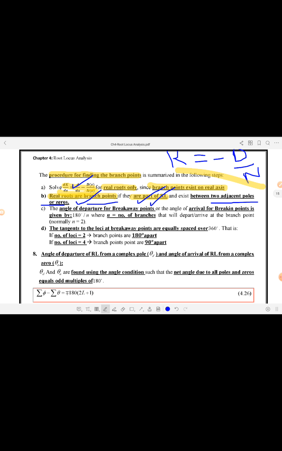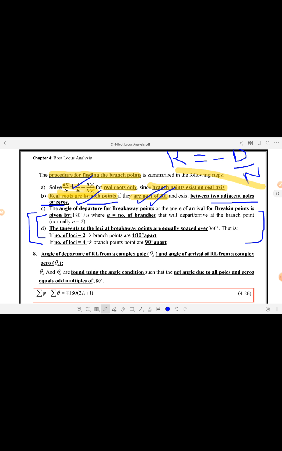There is one important piece of information about the characteristics of the branch points. The branch points can also be described in terms of their angle, the departure angle from the real axis, and the angles between all of the branches.